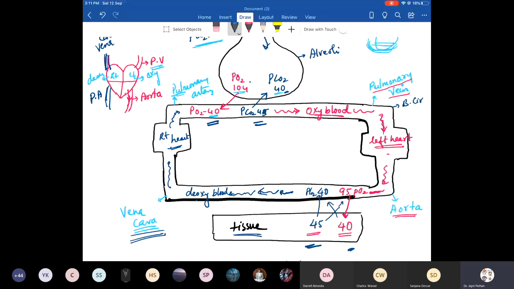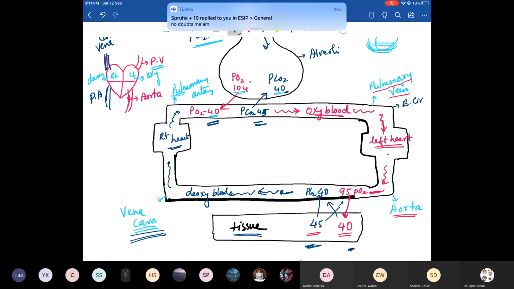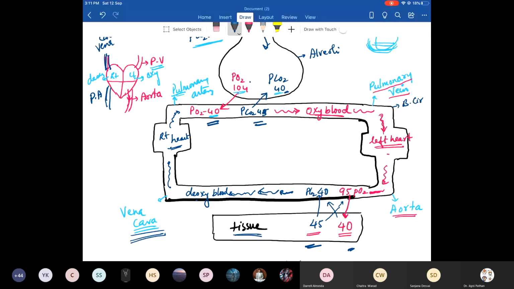No doubts? Well, good. Ma'am, beside the aorta, is it 95 or 45? 95, yeah. In the aorta and arteries, the blood moving is oxygenated blood.